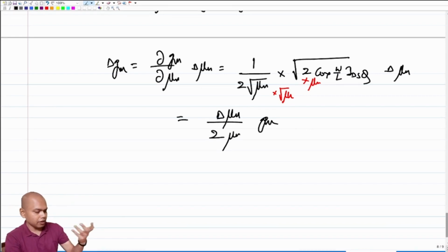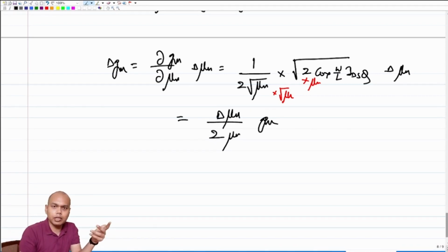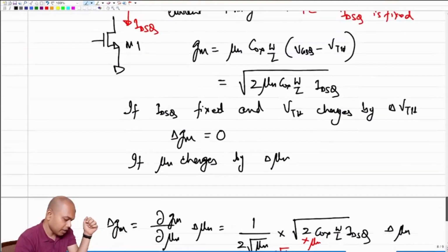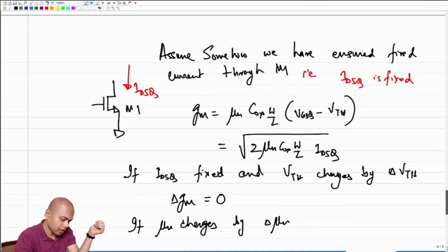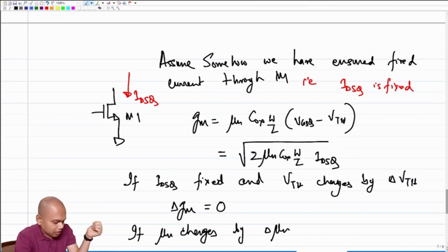So the variability of GM with respect to mobility will also be better. But the more interesting thing is to see that the variability of GM with respect to the threshold voltage has completely vanished.